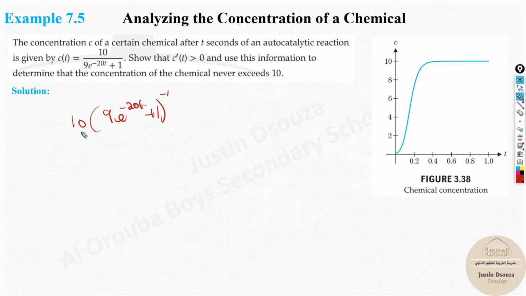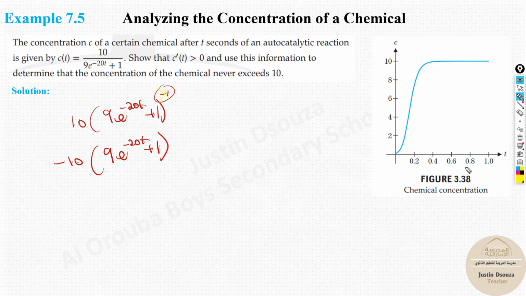So 10 is a constant. I'll write minus 10 because that minus 1 times 10 is minus 10. And you're remaining with this, minus 20t plus 1. Now this is done.